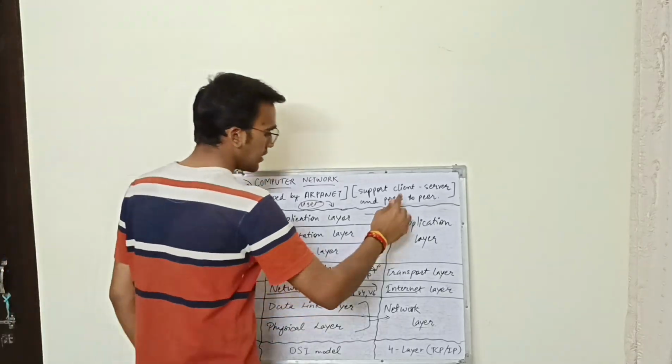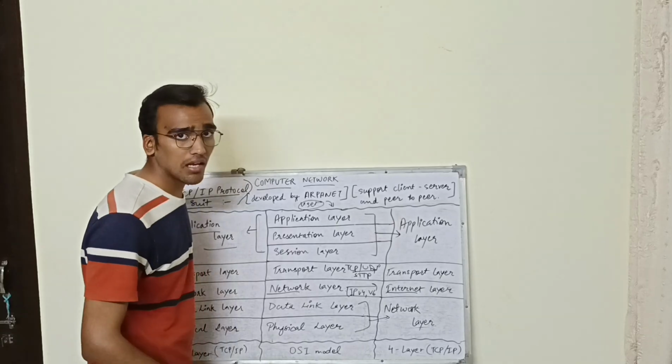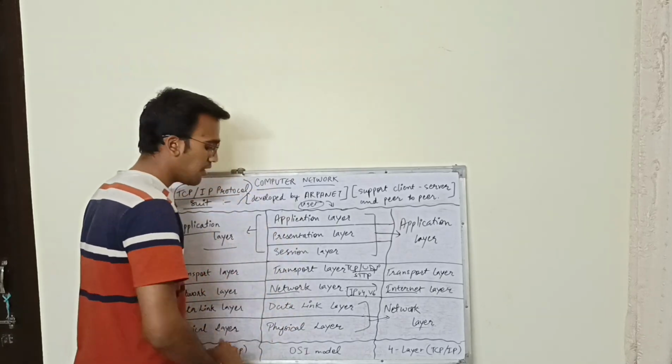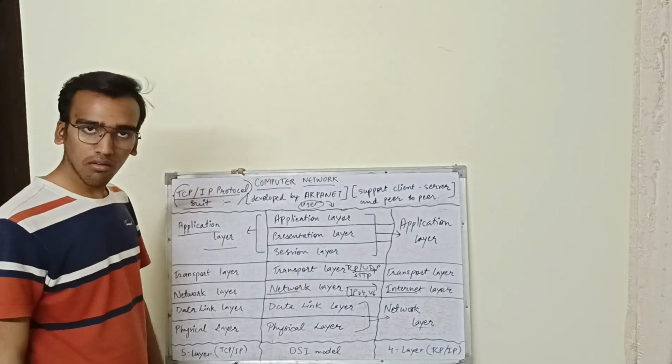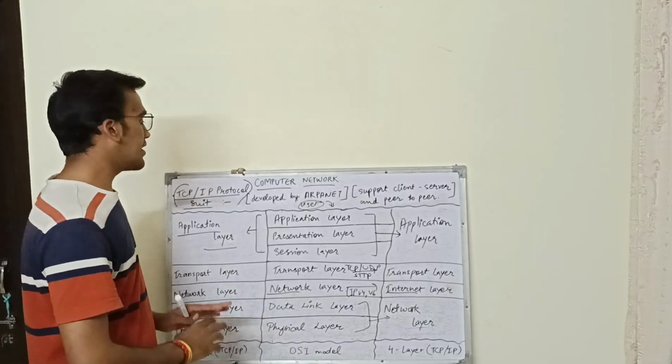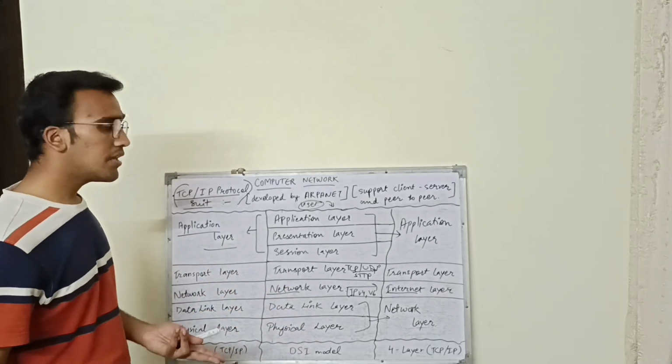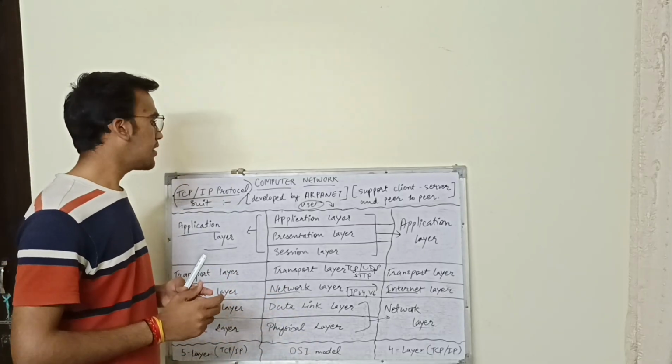We use this protocol in practice, and in theory we learn the OSI model. So this is the major difference. Other than this, I don't think there is a need for the university exam.